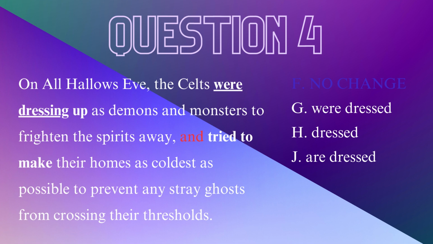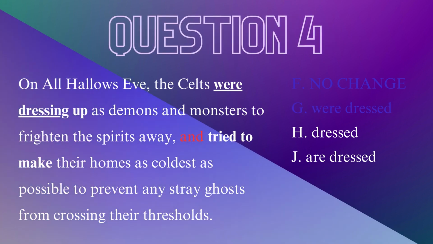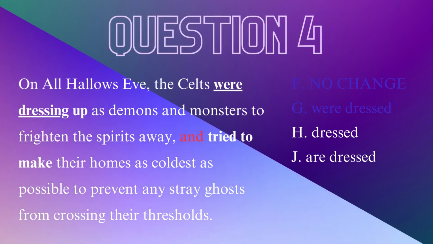All right, so look at G, were dressed. So if this were correct, then it would say and had tried. Well, I don't have that had in front of tried. So therefore, were dressed would not be parallel. So that's why G is not the answer. So I'm left with H and J. All right, so obviously, are dressed, that would be in the present.